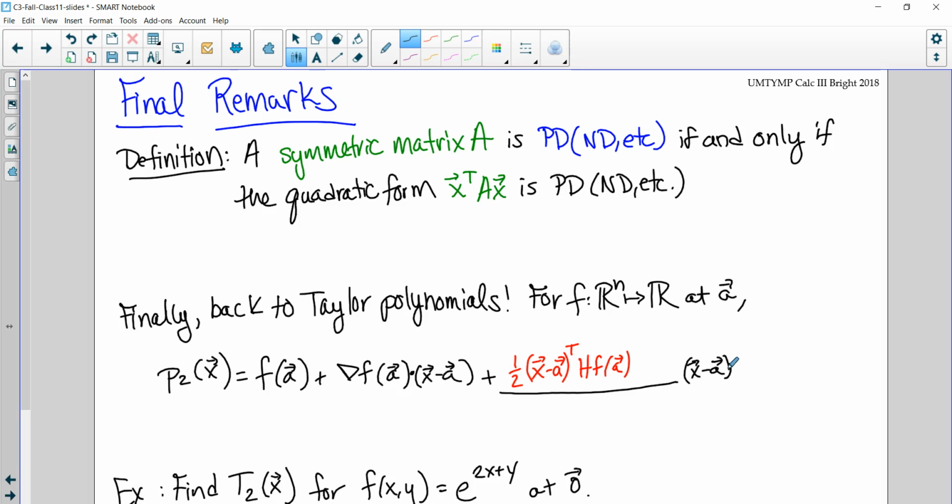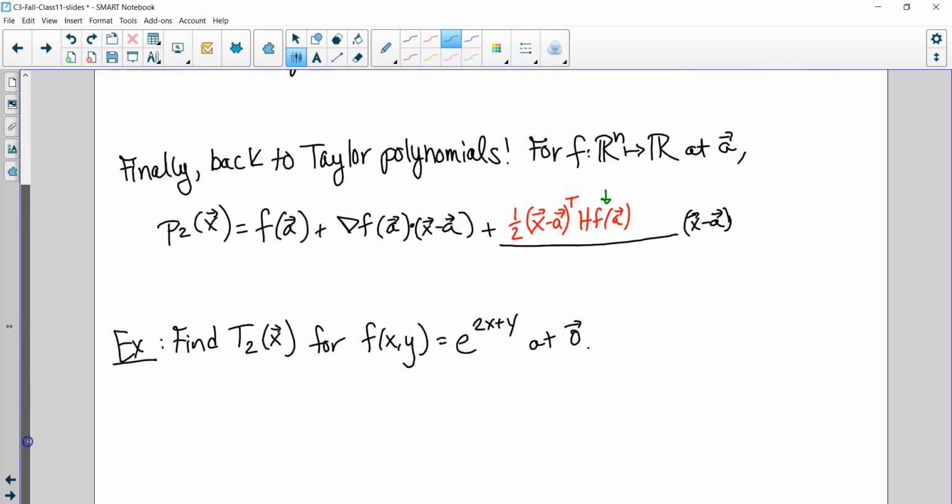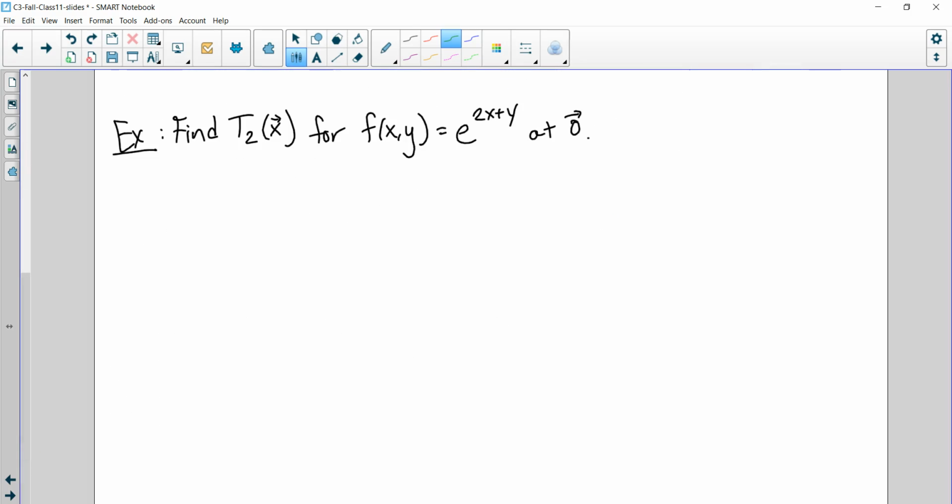Okay, and this is actually going to be really nice for us because we have the Hessian in there, right? That is a symmetric matrix, so we can apply all of our theory that we talked about with quadratic forms. So in this example, I believe this is like number 10 from 4.1 in your textbook.